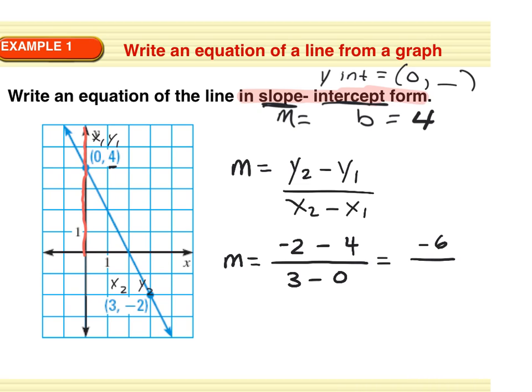And 3 minus 0. -6 divided by 3 is -2. So we know my slope is -2.